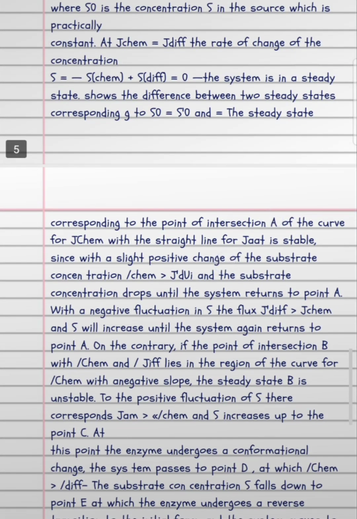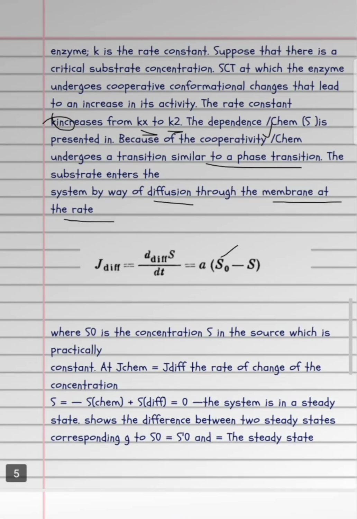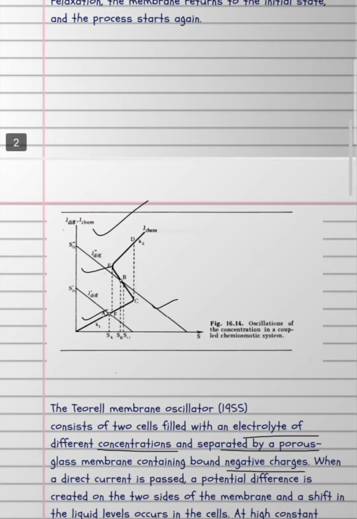The steady state corresponding to the point of intersection A of the curve for J_chem and the straight line J_diff at A is stable, since with a slight positive change of the substrate concentration, J_chem is more than J_diff and the substrate concentration drops until the system returns to the point A. You can see this in the diagram also.